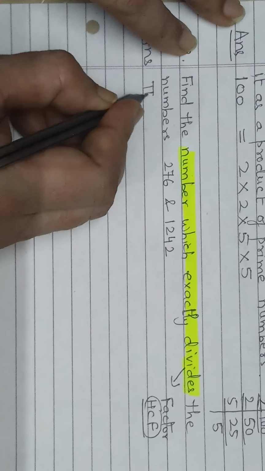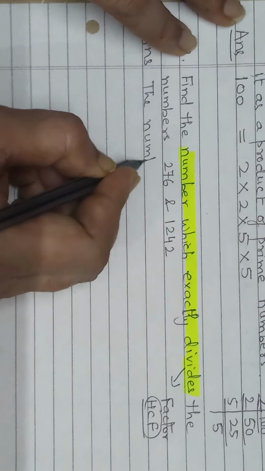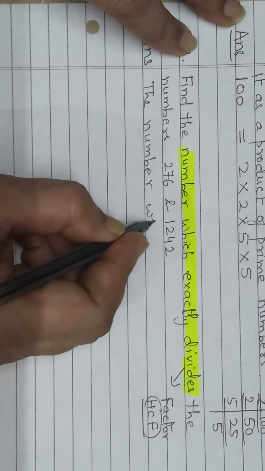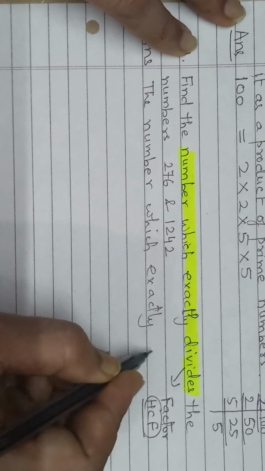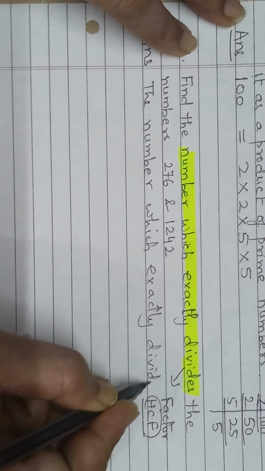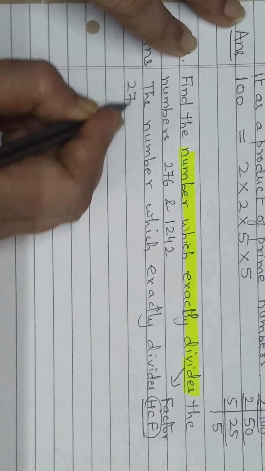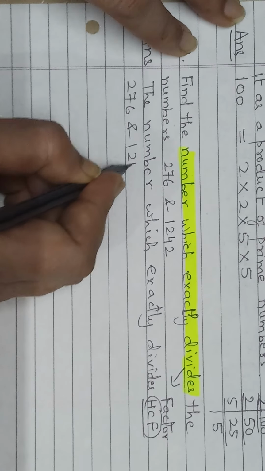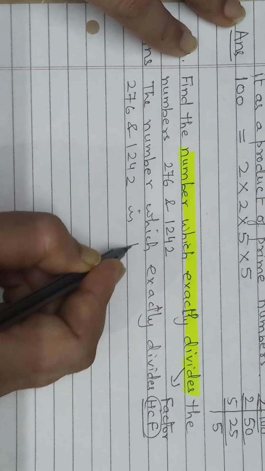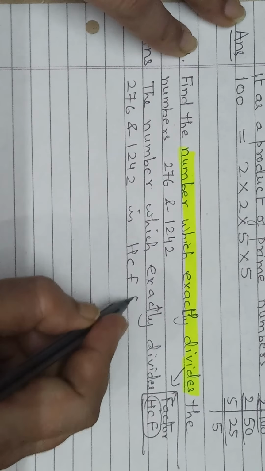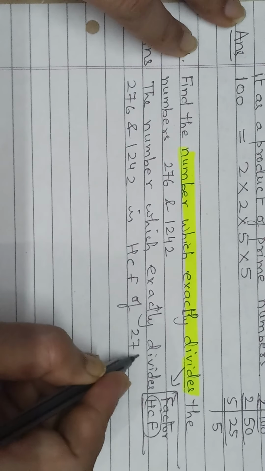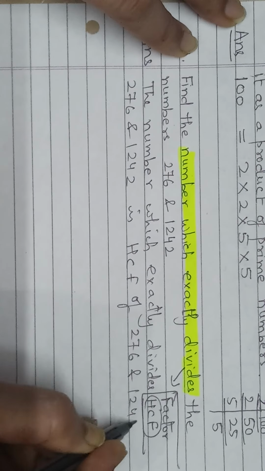So the number which exactly divides 276 and 1242 is the HCF of 276 and 1242.